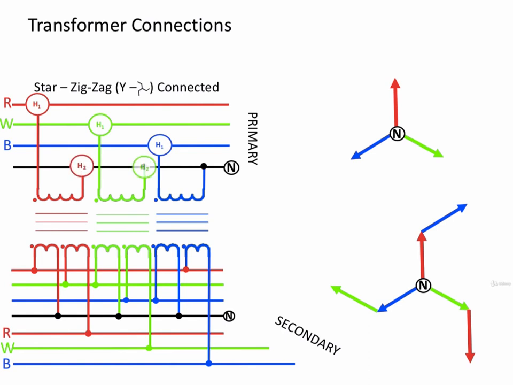The H1 terminals are connected to the individual phase conductors, and the high voltage H2 terminals are connected together to form a primary neutral.